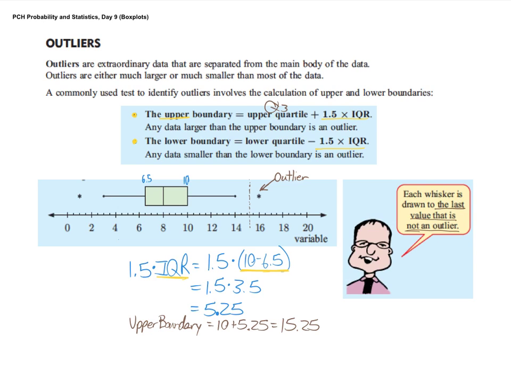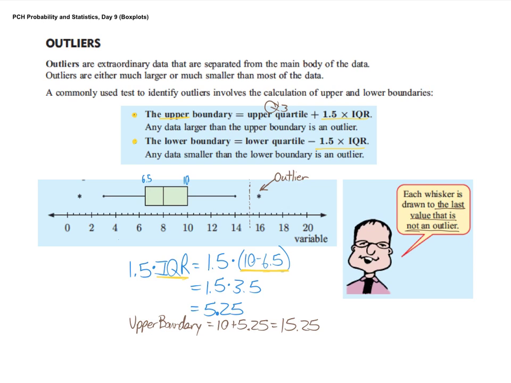The next highest score must have been 14. Since 16 is an outlier, we only draw the whisker up to the next highest value, in this case 14. If the next highest value happened to be an outlier too, we'd make that a little X and we'd draw the whisker to the next highest value. Okay? Katie?